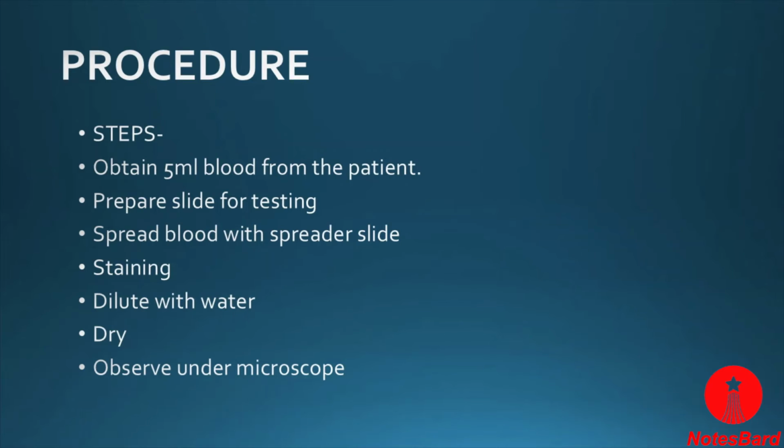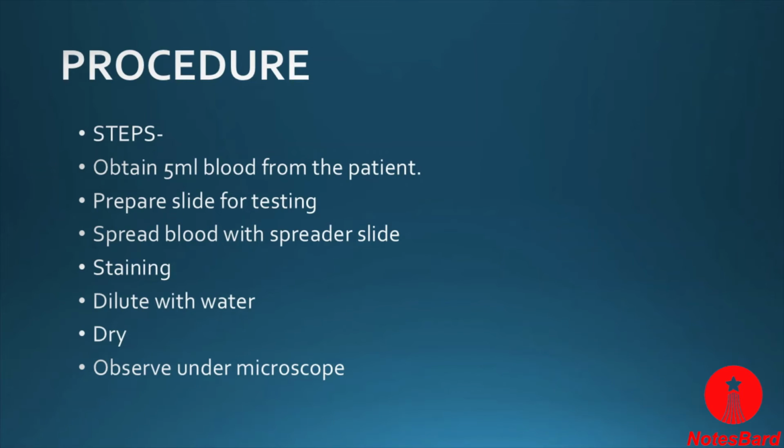Now in the next step, the slide is prepared for testing. A mixed drop of blood, 1 to 2 mm in diameter, is placed in the center line of the slide.